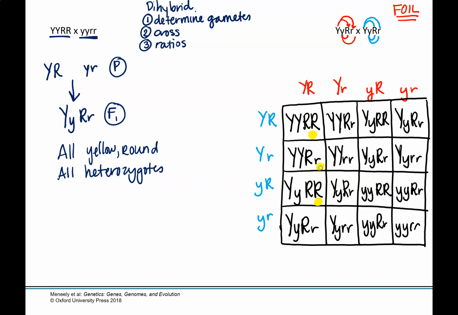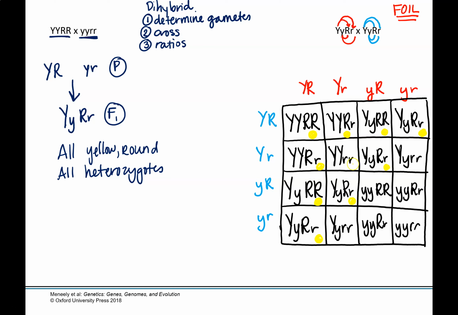So if we have at least one copy, we're going to be round. Yellow and round, yellow and round. So I would suggest when you do this that you figure out some way to mark or indicate. Now you can do whatever you want. You can make stars, circles, cross it off, whatever works for you. So there's all of our yellow and round.